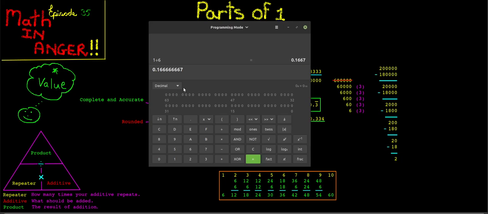There is no calculator or computer in this world that has enough space to represent that 6 an infinite amount of times. They all stop. In fact, most calculators and computers can't even tell you that this is a repeating 6. They all round.